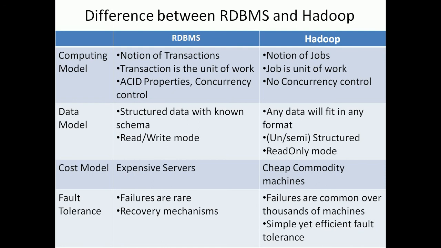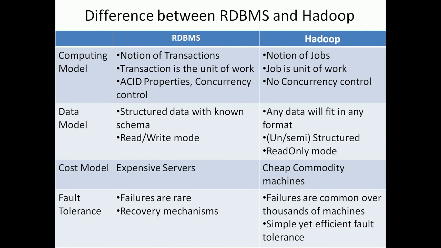As a cost concern, cheap commodity machines are used in Hadoop, so it is more cost effective. Fault tolerance: failures are common over thousands of machines because it is very cheap hardware, but an efficient fault tolerance mechanism is used to keep the functionality smooth over Hadoop technology.